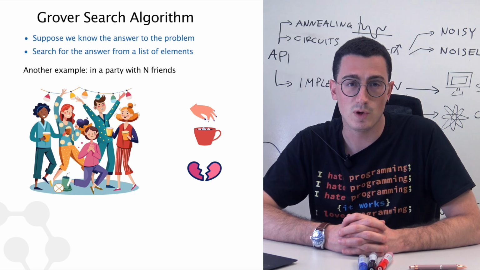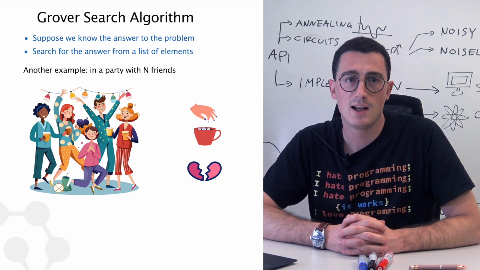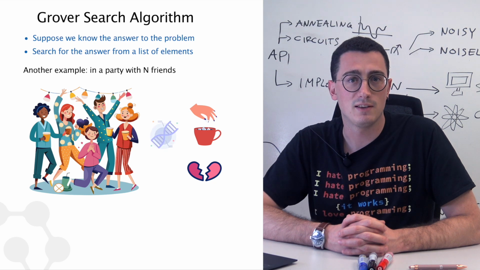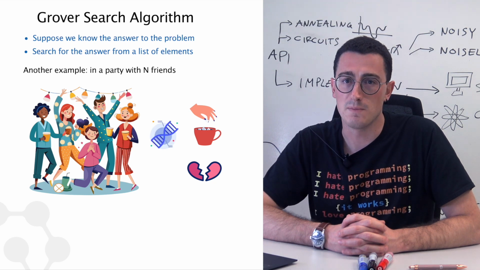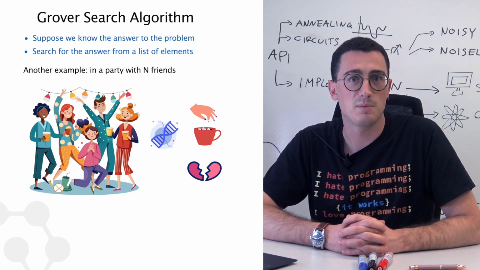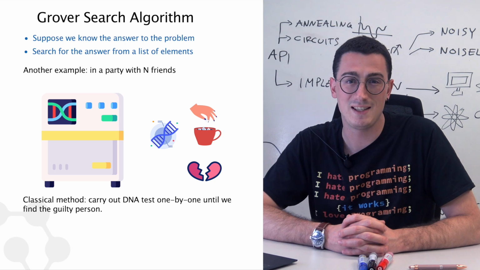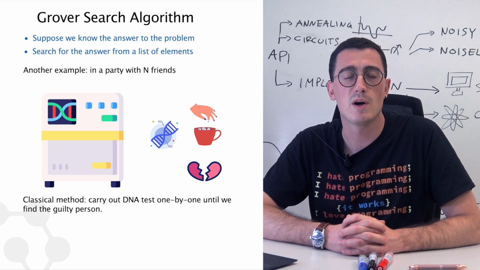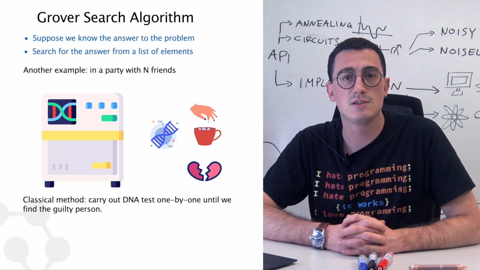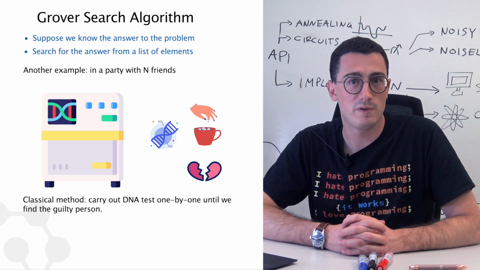Now, you absolutely need to find who is responsible for this. Luckily, the guilty friend left a hair inside the coffee mug. This is perfect, because you have a DNA machine in the dressing room. So now you only need to compare all the DNAs of your friends with the one of the hair, and then you will find the guilty person.